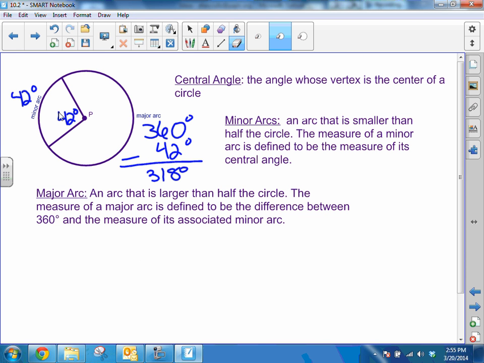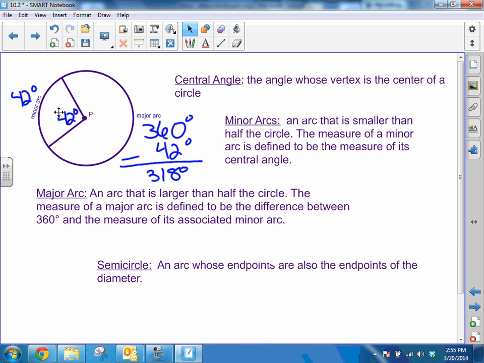So, a semicircle is an arc whose endpoints are the diameter's endpoints, and that's what your book defines. I'm just asking you these questions to see if we can put stuff together. If you want to write semicircle, it's half of a circle, perfect. That's fine. But good putting these things together.